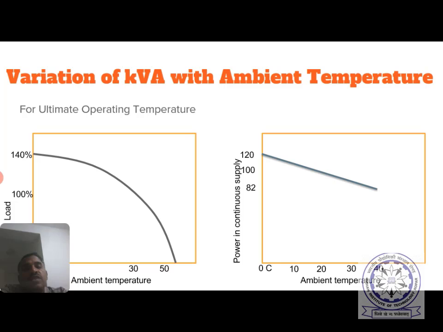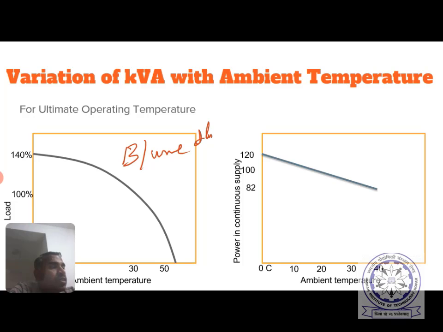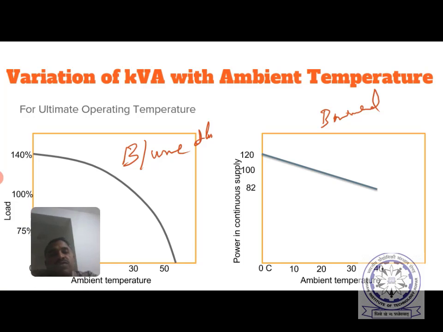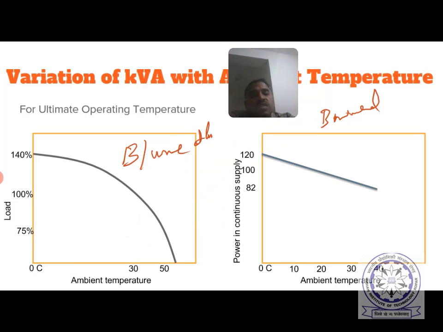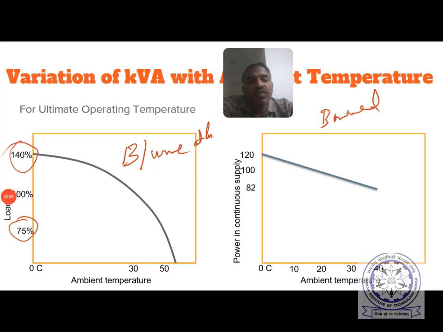Next, these two graphs are of importance. One is from Bloom et al., and the next one is from Bernard Hochart. These two graphs indicate more or less the same characteristic. Here you can see the percentage load given as 75%, 100% and 140%, against the ambient temperature.